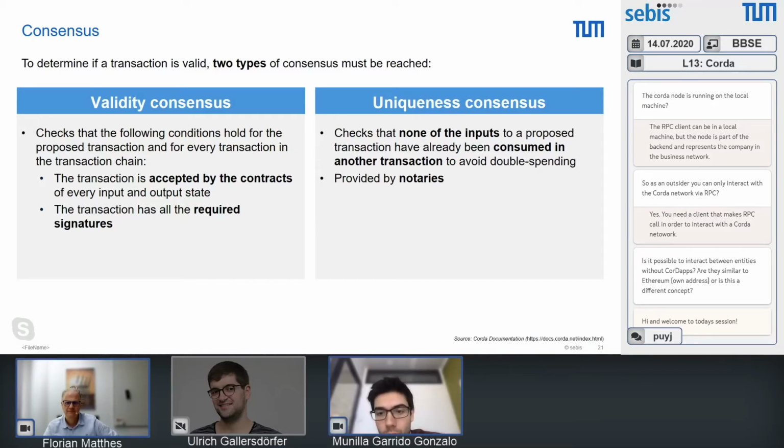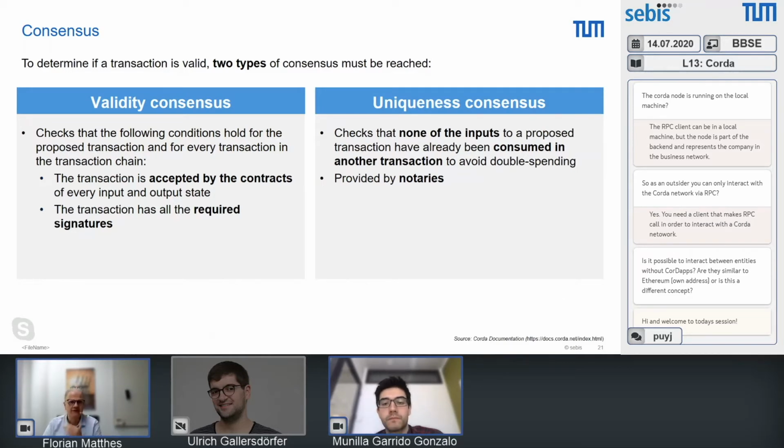Yes, so we have a couple of very interesting questions. For starters, one is asking whether the IDs within a vault are unique in the whole global Corda network.